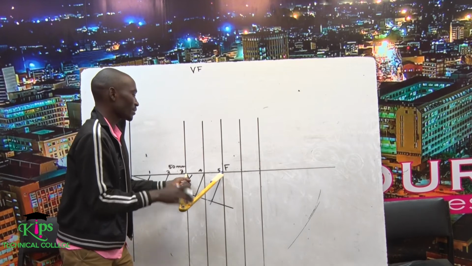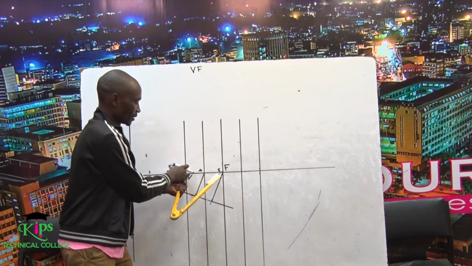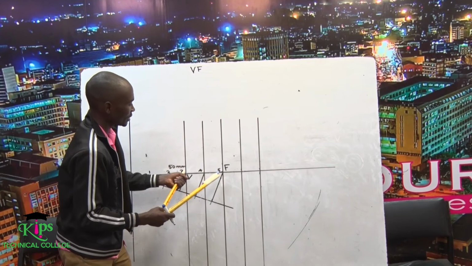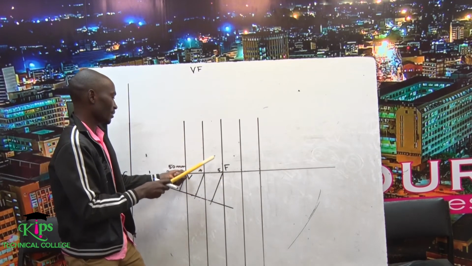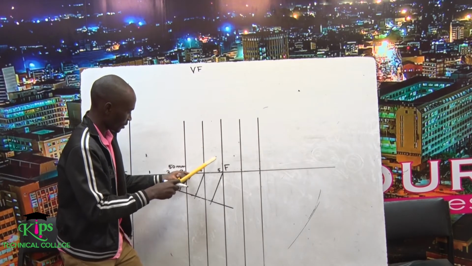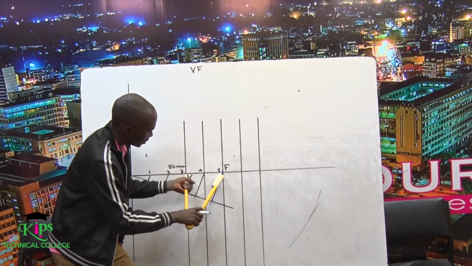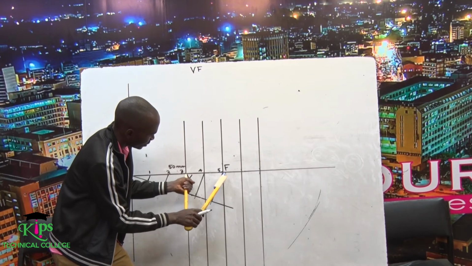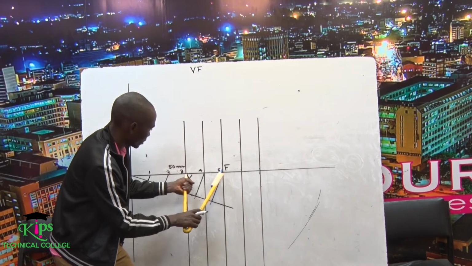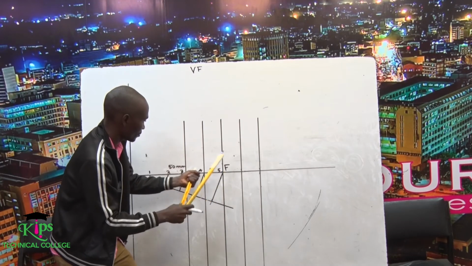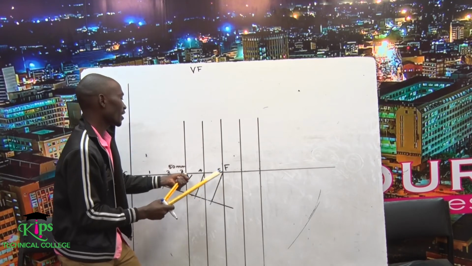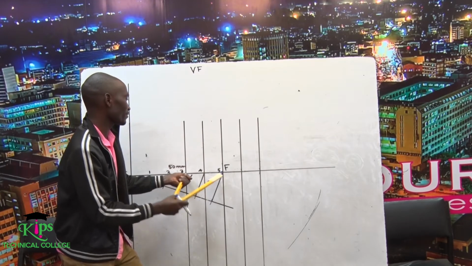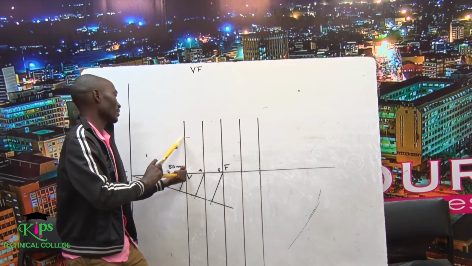So you can see that it is exactly at V, F. Then stepping at V now. It is exactly now VF. I should mark at the top.